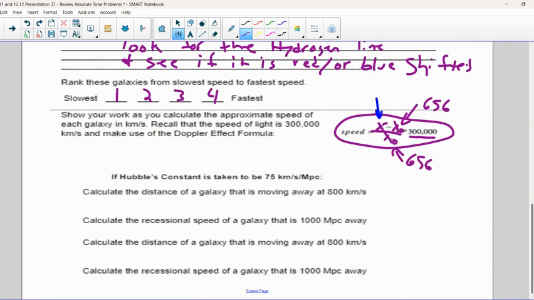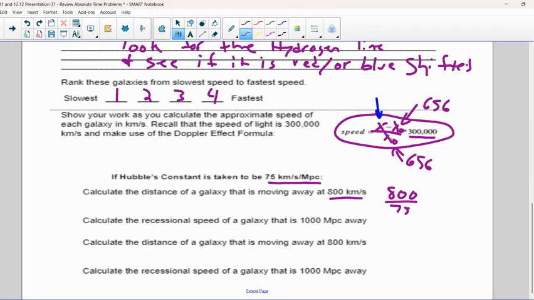Okay. Coming down here. Okay, if Hubble's constant is taken to be 75 kilometers per second per megaparsec, calculate the distance of a galaxy that is moving at 800 kilometers per second. So for this one, I'm just going to take the 800 kilometers per second and divide it by 75.